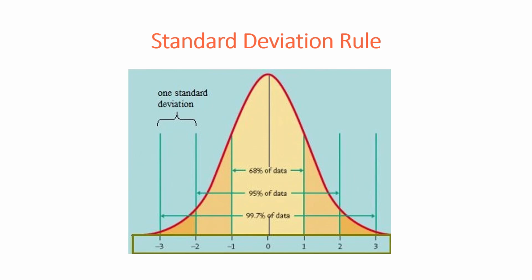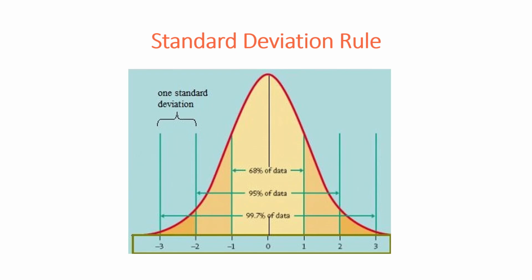The standard deviation rule states that approximately 68% of the observations fall within 1 standard deviation of the mean. Approximately 95% of the observations fall within 2 standard deviations of the mean. And approximately 99.7% of the observations fall within 3 standard deviations of the mean.